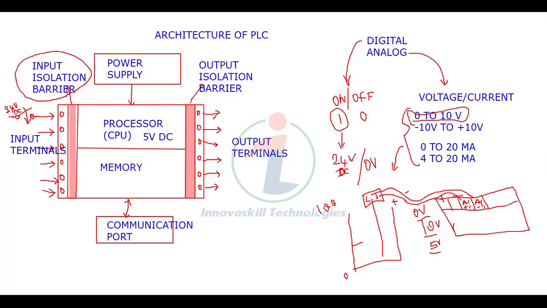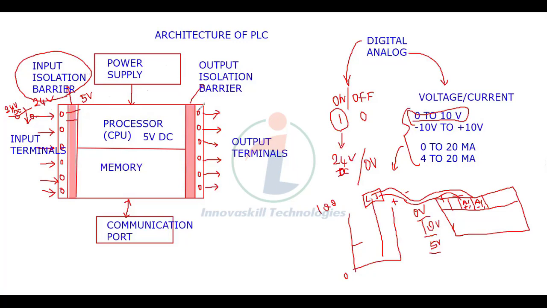So if 24 volt is given here, it will be converted inbuilt to 5 volt and given as the processor's input. This happens on the input side, so the input side isolation barrier converts 24 volt DC to 5 volt.